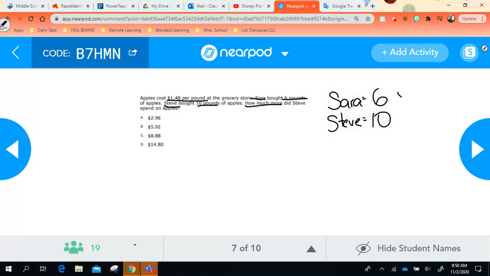And I need to multiply that by $1.48. Because $1.48 is just 1 pound. So $1.48 solamente es una libra. Y yo quiero saber en total cuánto cuestan las 6 libras de Sara y las 10 libras de Steve. So empiecen a multiplicar eso. Averiguar cuánto costó lo de Sara y cuánto costó lo de Steve.